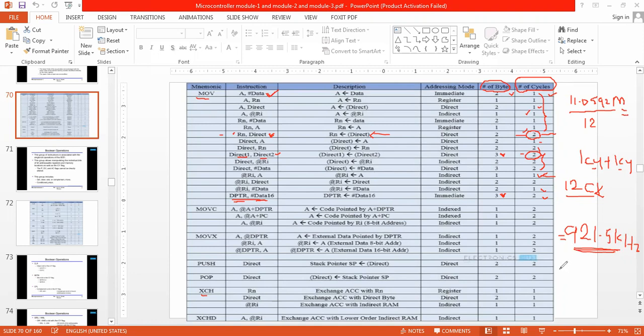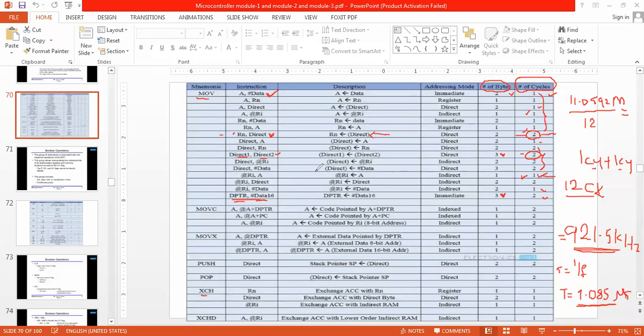And what is the time period? T is equal to 1 by F, correct? So T is equal to 1.085 microseconds. For one machine cycle, the time period is 1.085 microseconds.